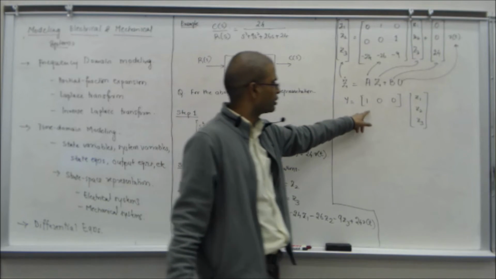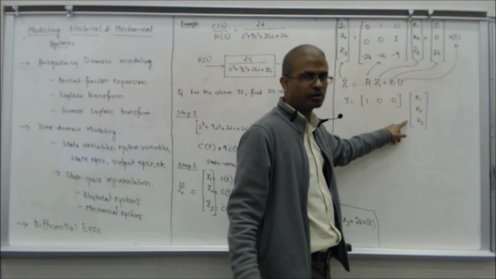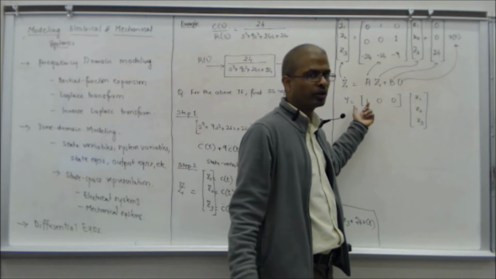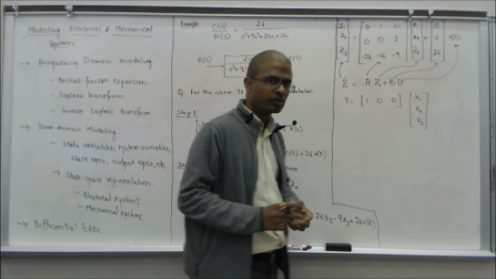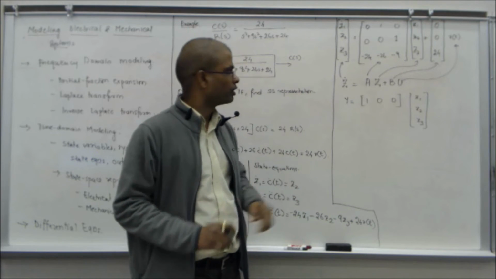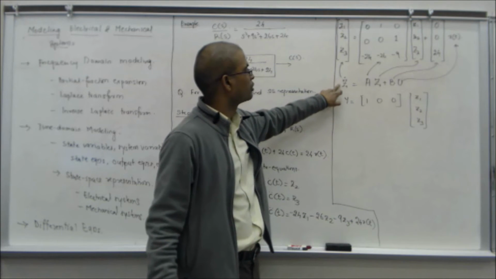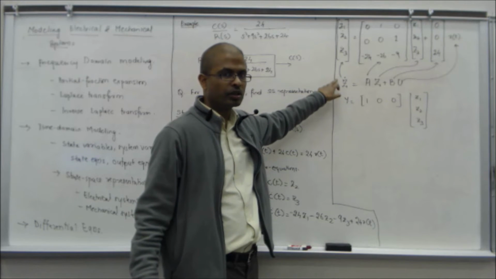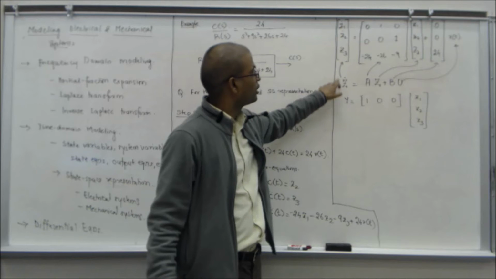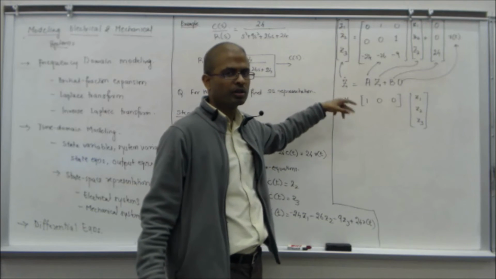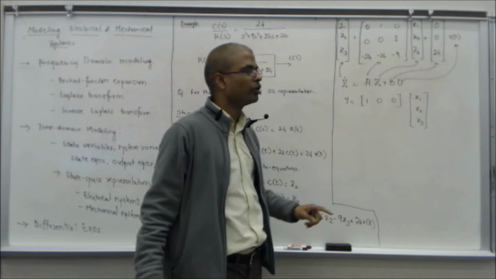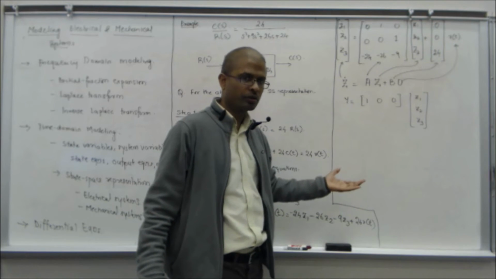It will be this plus this plus this, one value always. So uppercase or lowercase would be the same. Here uppercase makes a difference because this is a vector, right? You see it as a column matrix. It will not be different outputs. It will be one output but a combination of system variables.